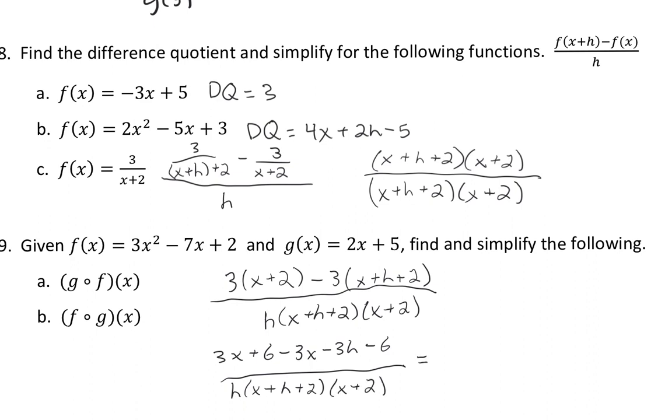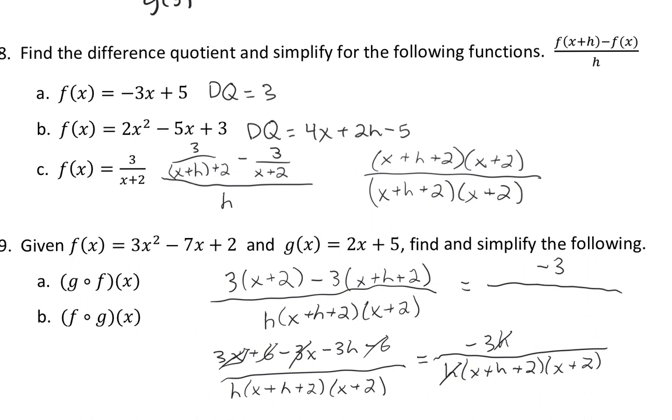And this is equal to, we have some things cancel again. So we'll have negative 3h over h times x plus h plus 2 times x plus 2. And this h will cancel with this h. So our final answer for this difference quotient is going to be negative 3 over x plus h plus 2 times x plus 2.